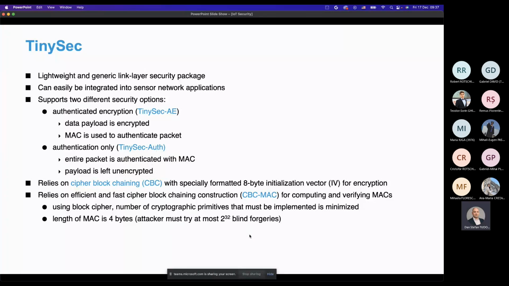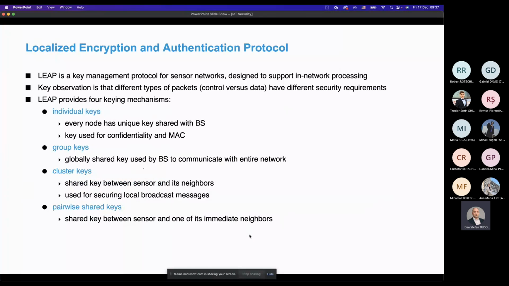Then you have LEAP, Localized Encryption and Authentication Protocol. It is a key management protocol for sensor networks designed to support in-network processing. The key motivation for this protocol is the observation that different types of messages, for example, control packets, data packets, and so on, in a network have different security requirements.